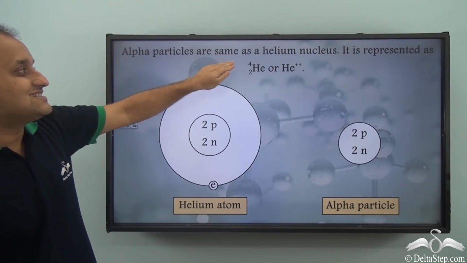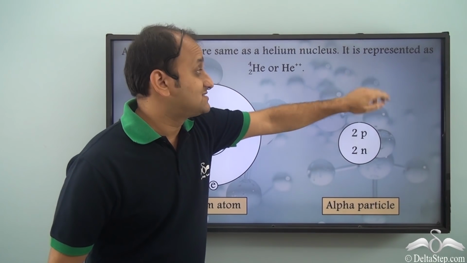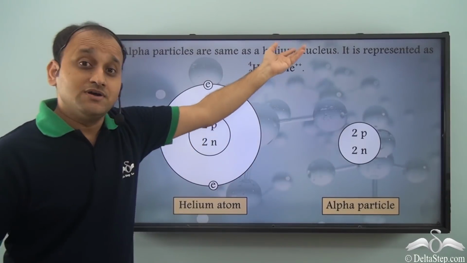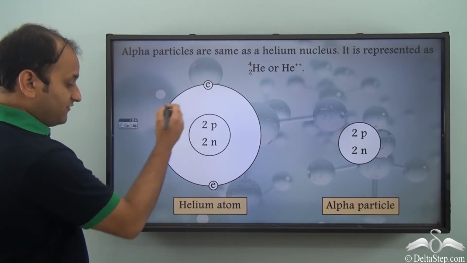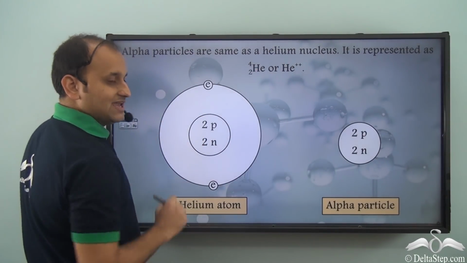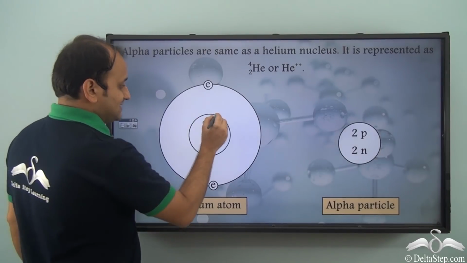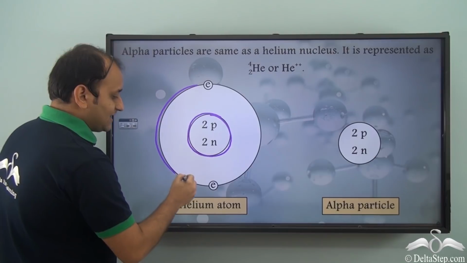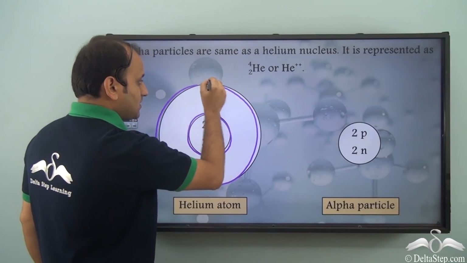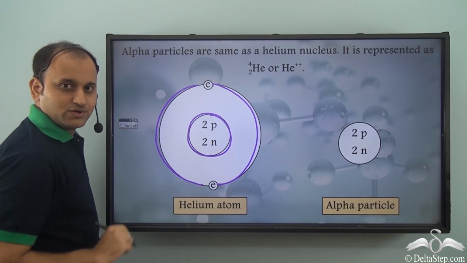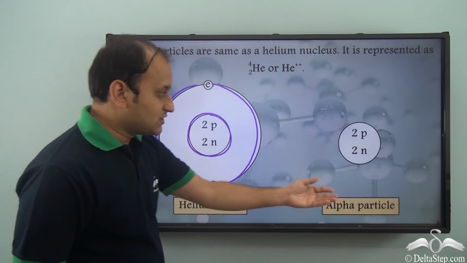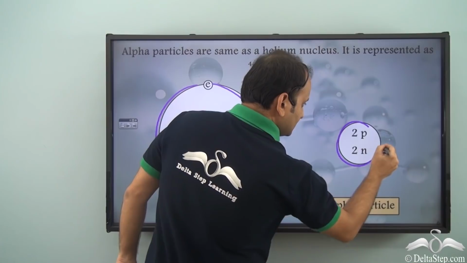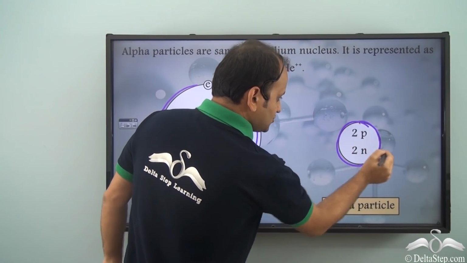Alpha particles are the same as a helium nucleus. It is represented as helium-4 or helium 2 plus, because if you see, this is a helium atom. Now this is the nucleus and these are the electrons which are orbiting around the nucleus. Now in the case of an alpha particle, this is the structure. We have 2 protons and 2 neutrons.